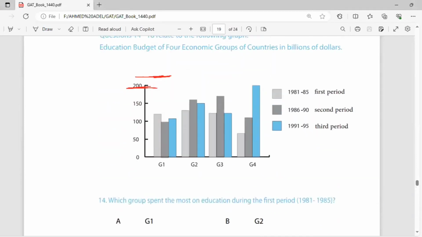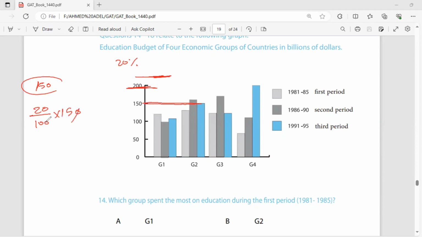In the third period it's 150. He told me that there is a 20% increase in the fourth period. So 20% times 150, because in the third period it's 150.